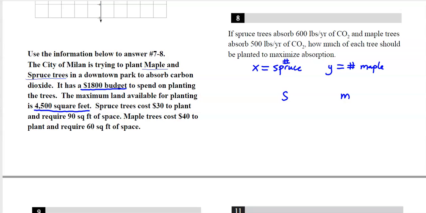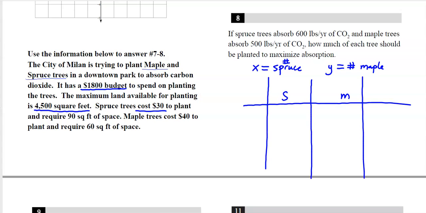Well, spruce trees cost $30. So I'm going to make a table to try to kind of organize this data a little bit. So first of all, we have a cost. And spruce trees cost $30. And then they require 90 feet of space.